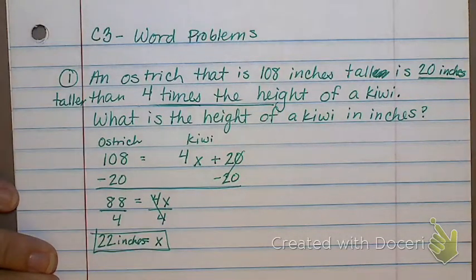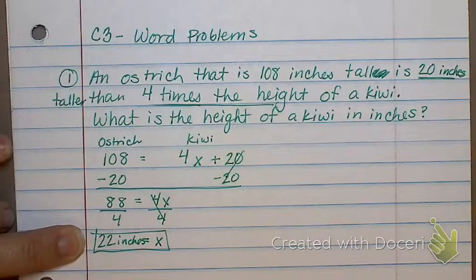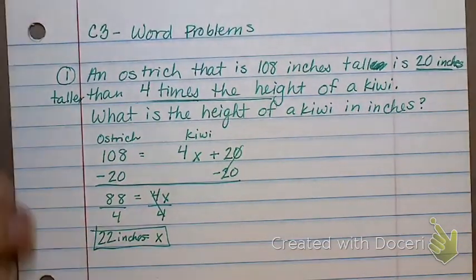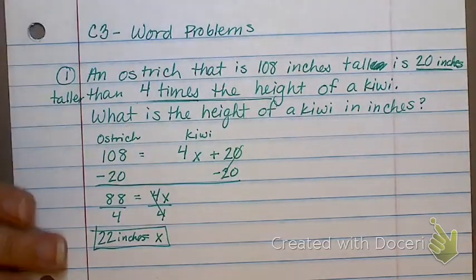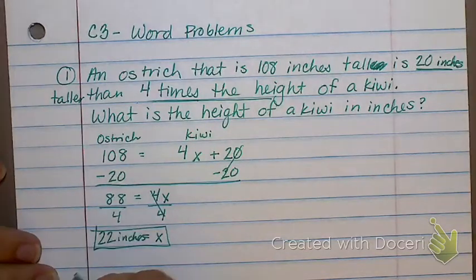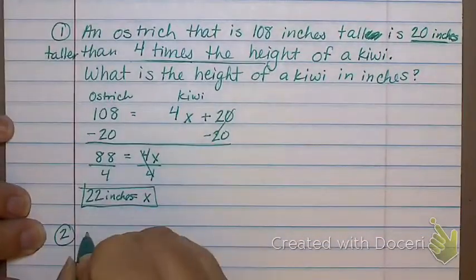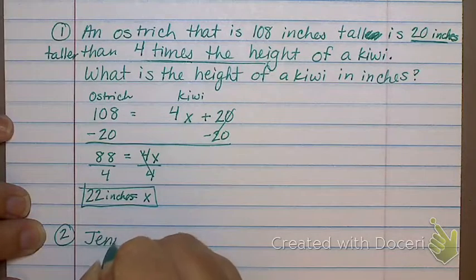So the kiwi is just under 2 feet tall. Right? Because 2 feet tall would be 24 inches. So it's a little bird. So we're just going to practice these because word problems come in all different types. Ready for the next one?